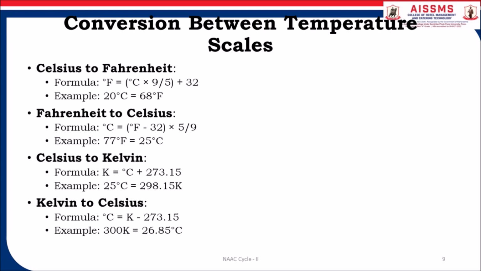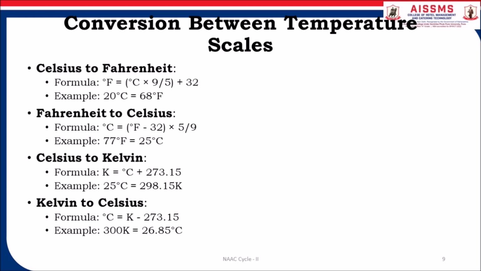Specifically, it denotes that 1 degree Celsius is equivalent to 9/5 or 1.8 degrees Fahrenheit. This ratio accounts for the difference in the size of the temperature intervals between the two scales.